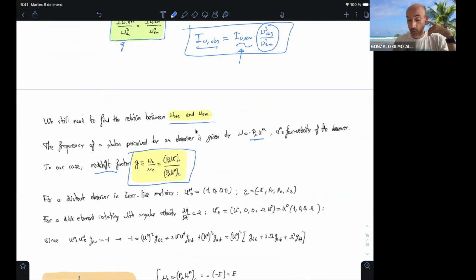And as I said, we need the velocity vector of the fluid that is emitting photons. And this P mu is the momentum of the photon.